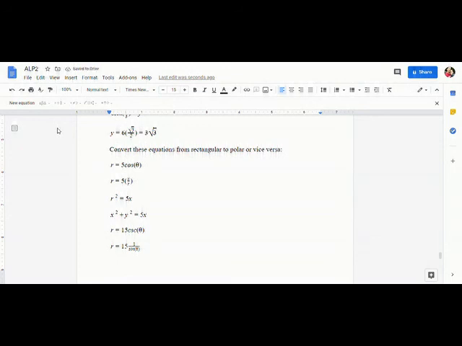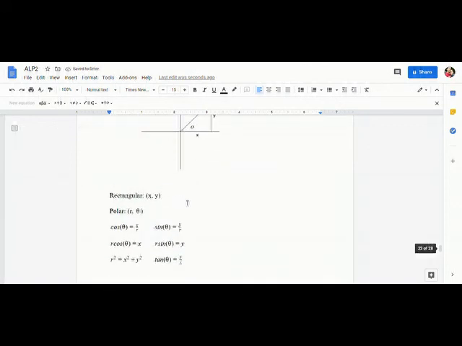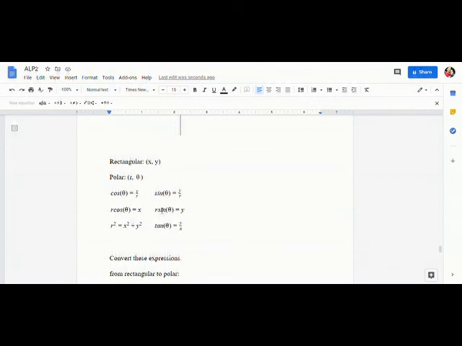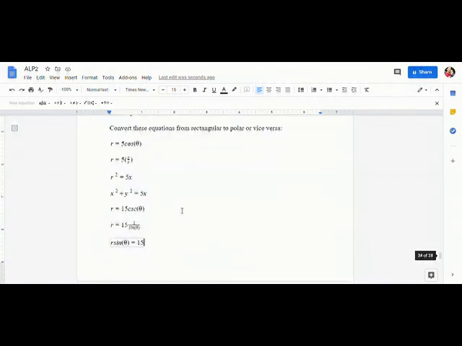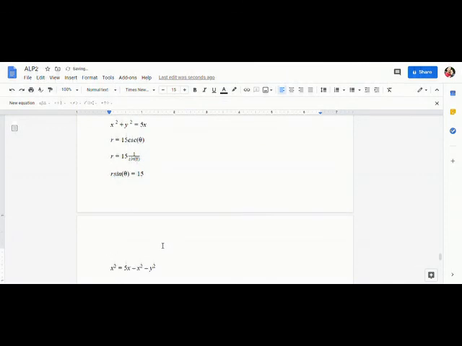Alright, and then we can multiply both sides of the equation by sine theta, so we'll get r sine theta equals 15. And now let's take a peek back up here at our relationships, and r sine theta equals y. So it's just as simple as substituting y in here. Y equals 15, and there you have it in rectangular form.